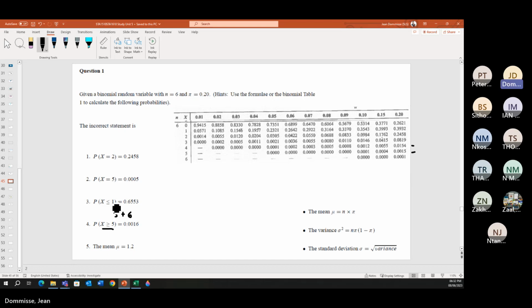So let's look at that 5 plus 6. If I look at the table, n is 6, where pi is equal to 0.2. I looked at x, 5 and 6, the last two numbers. I just needed to add those two, which gives 0.0016, which is correct.